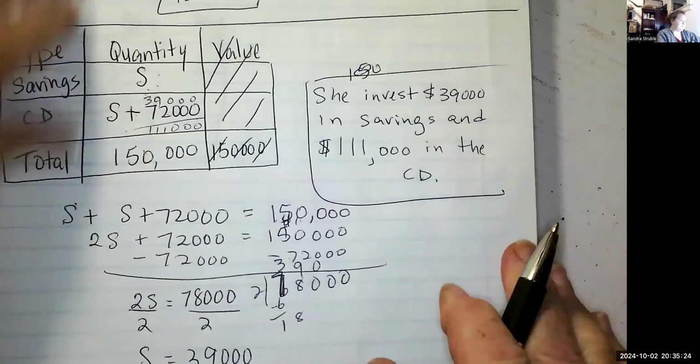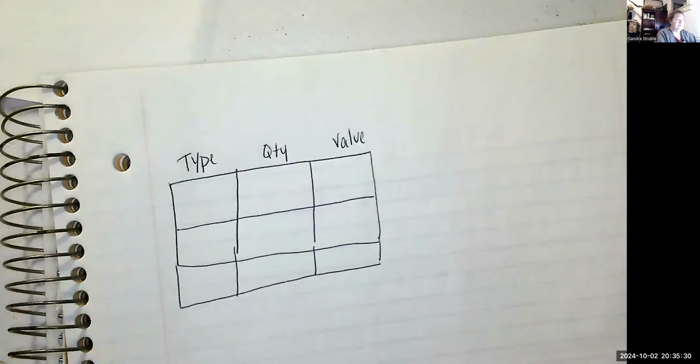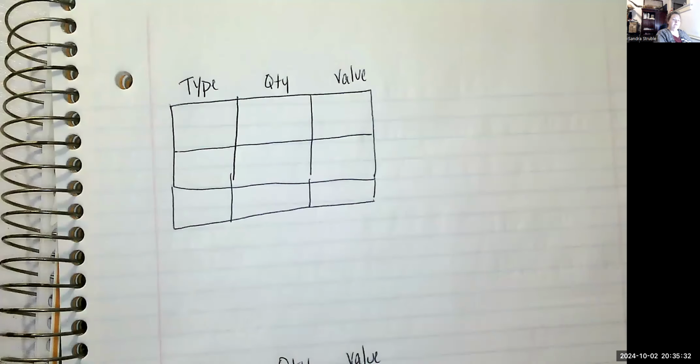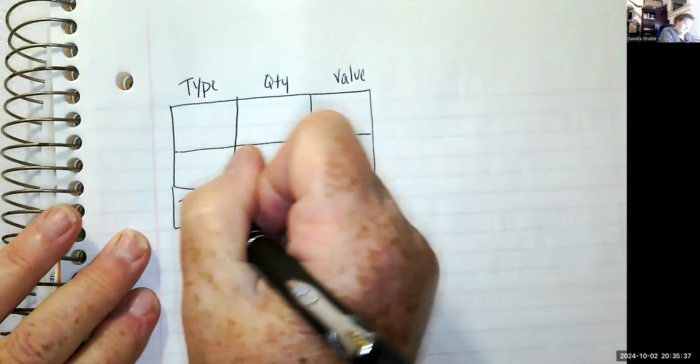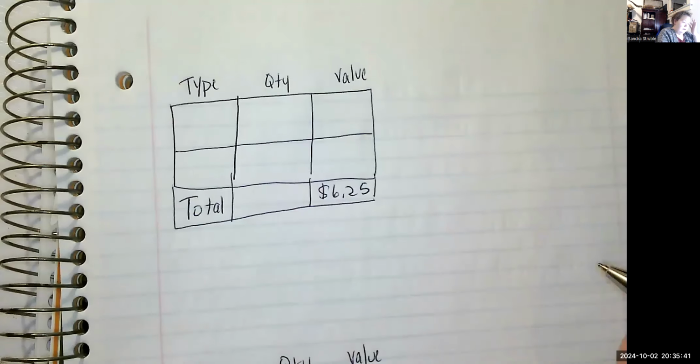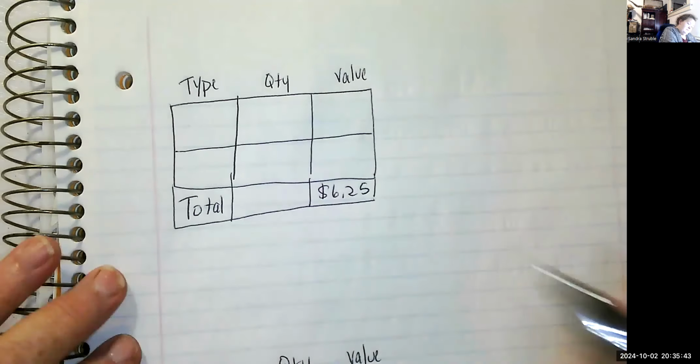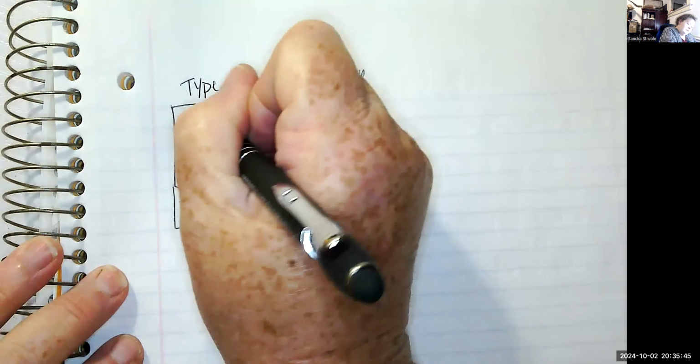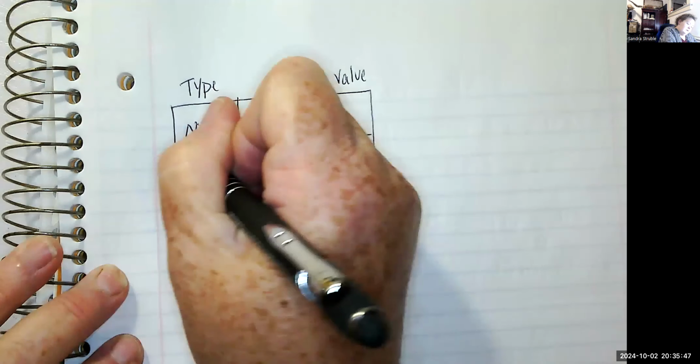Okay, let's go to the next one. Kenny broke open his piggy bank and finds $6.25. That is the total. Okay. All in nickels and dimes.